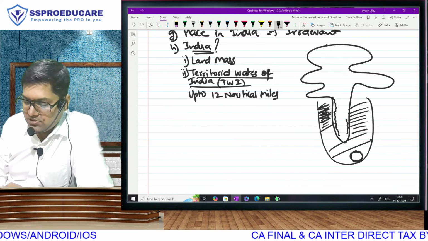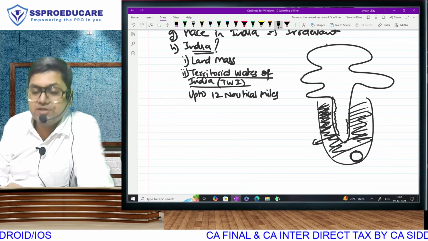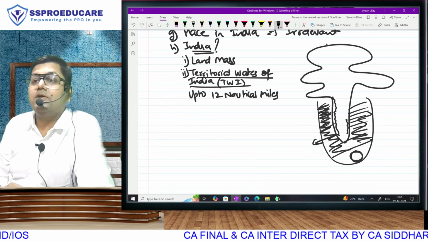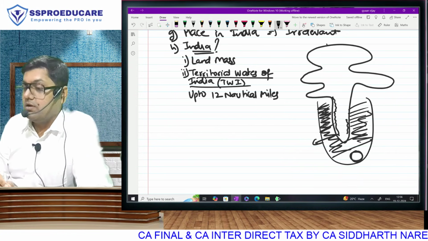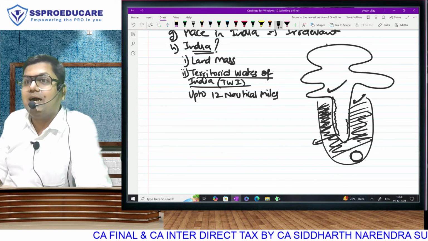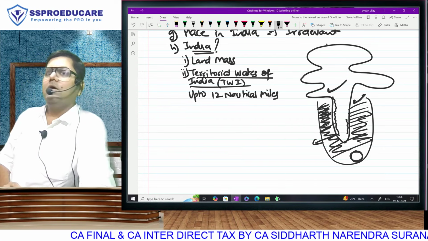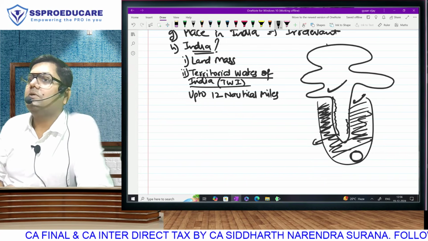So this distance up to 12 nautical miles, the unit of measurement of distance in water, is going to be considered as India. Means if you are here, it is India, and if you are here, it is still considered that you are in India.